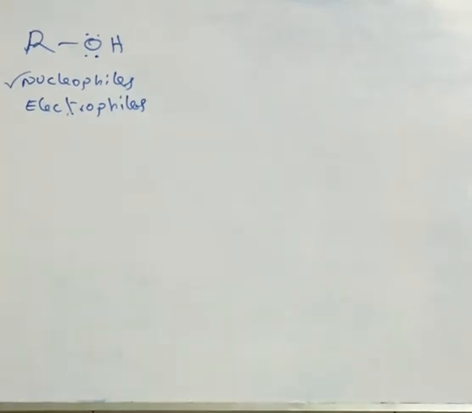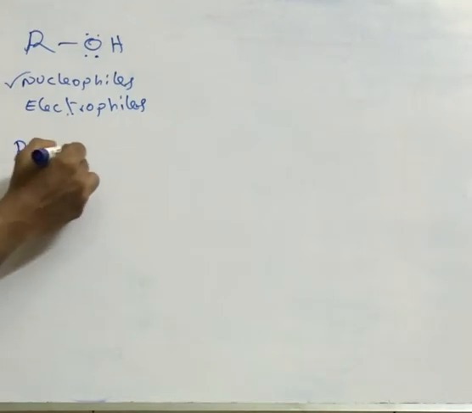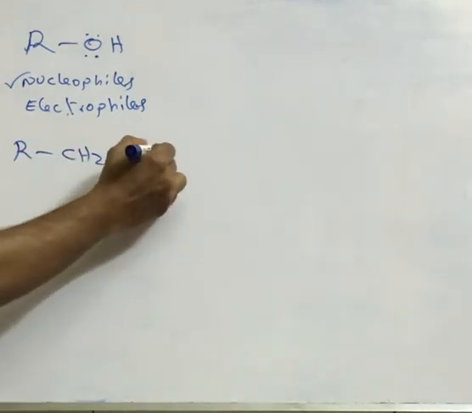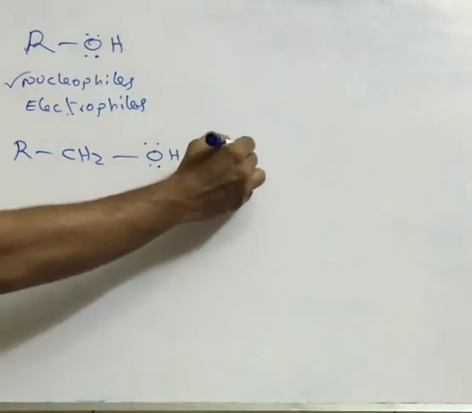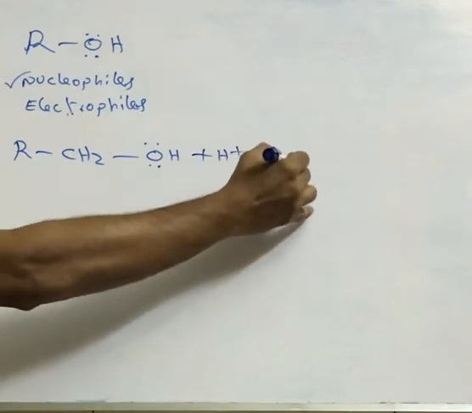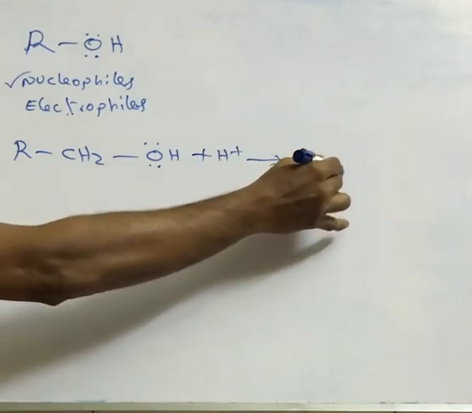So another case we are seeing now is where it acts as an electrophile. We will take the example RCH2OH. So this is the alcohol, and if it acts as an electrophile in the presence of an acidic catalyst, for example, if it has protonation by H plus, then what should happen?